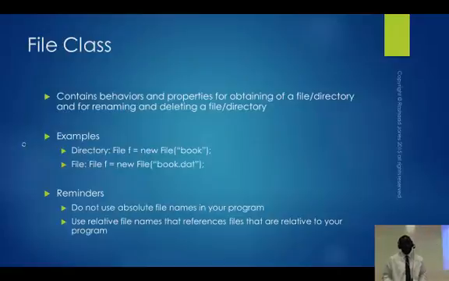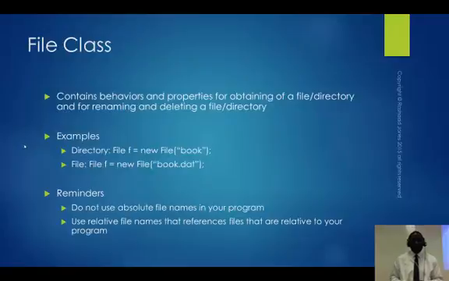Here are some examples. If I wanted to grab a directory, I just say File, whatever object name I want to use, f equals new File, and then the name of the folder in double quotes, which is a string. And then the second scenario is where I am grabbing the actual data file, so I put the extension after the name of the file.